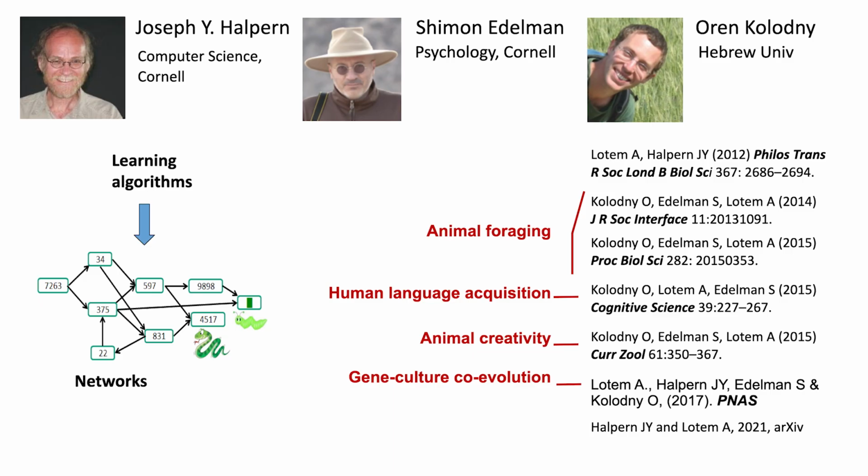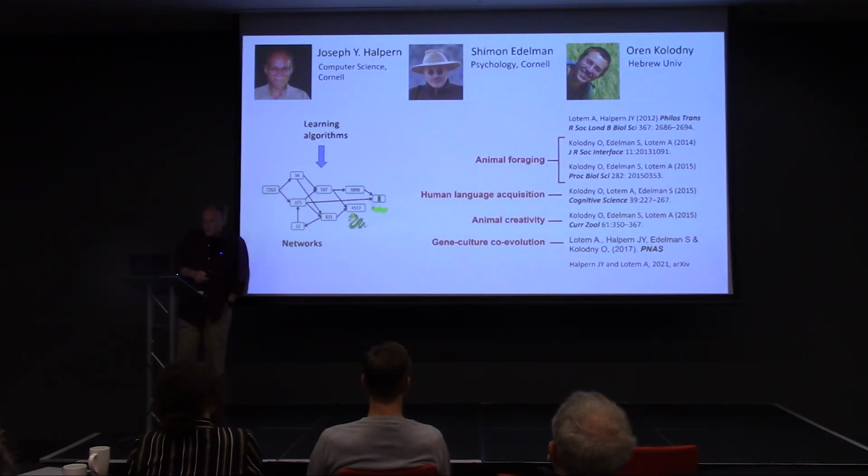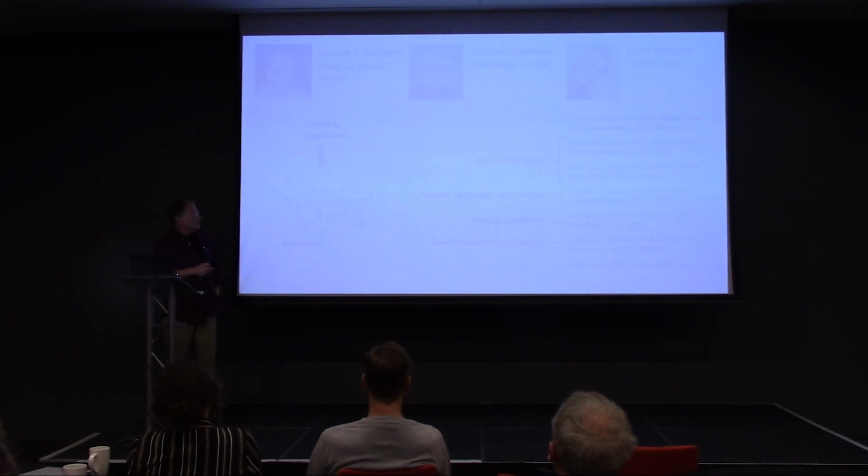And how you can use the same program as a language model and to do language acquisition and replicate studies in language acquisition, and how maybe you can get some perspective about animal creativity or gene culture coevolution and so on. Obviously, I'm not expecting you to read this paper over the weekend, but I will try to summarize just some of the main ideas that are more related to the kind of cognitive research that maybe some of you may be interested in.